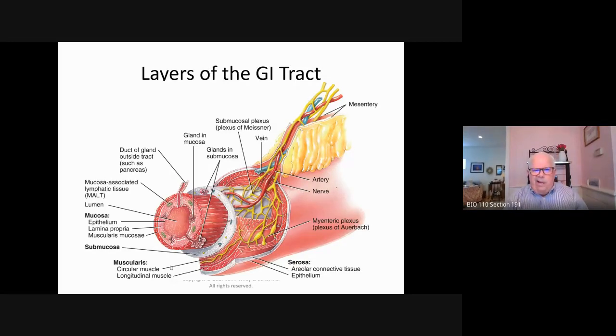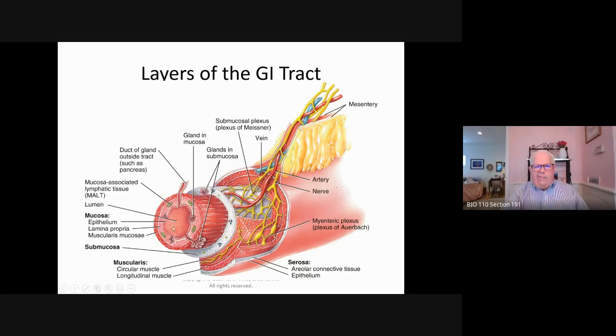So there are 3 layers of muscle in the stomach, and throughout the rest of the GI tract, there are 2 layers. Once you go through the muscularis, you come to the submucosa, and that's where all the glands are. All the glands are in the submucosa.